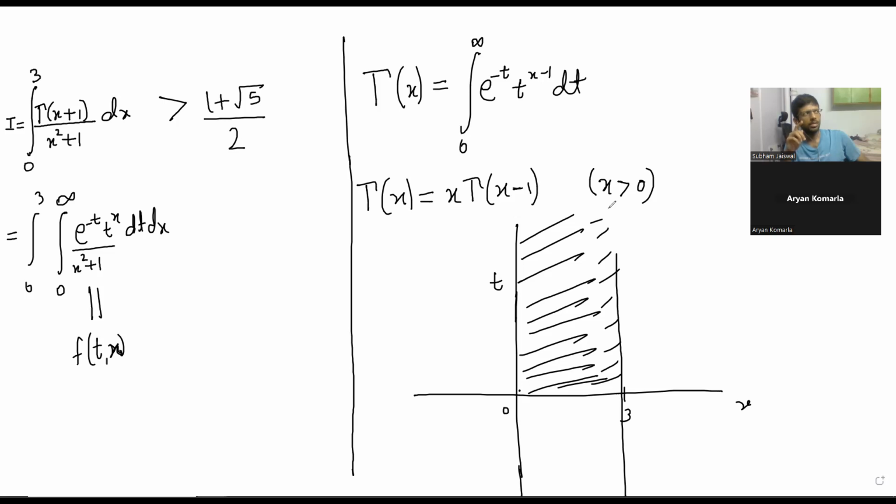Now let me say why you can exchange this. I'll suggest that for the time being, you assume that you can exchange it. Maybe in the end I will explain why.